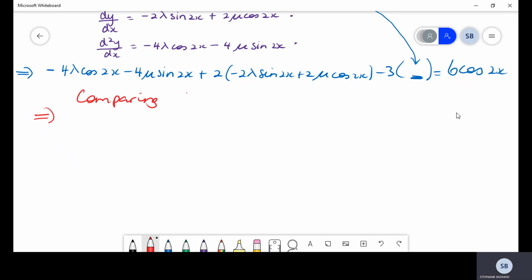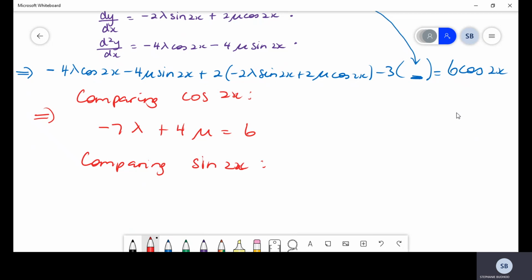Once you are able to write this out on your own, you should be able to arrive at the following. Comparing coefficients of cos 2x, you would get minus 7 lambda plus 4 mu gives you 6. Similarly, if you were to compare coefficients of sine 2x, you should be able to arrive at minus 4 lambda minus 7 mu gives you 0.